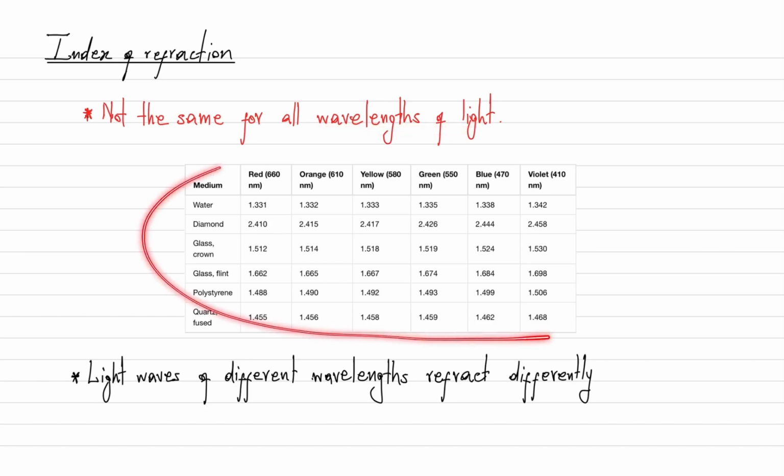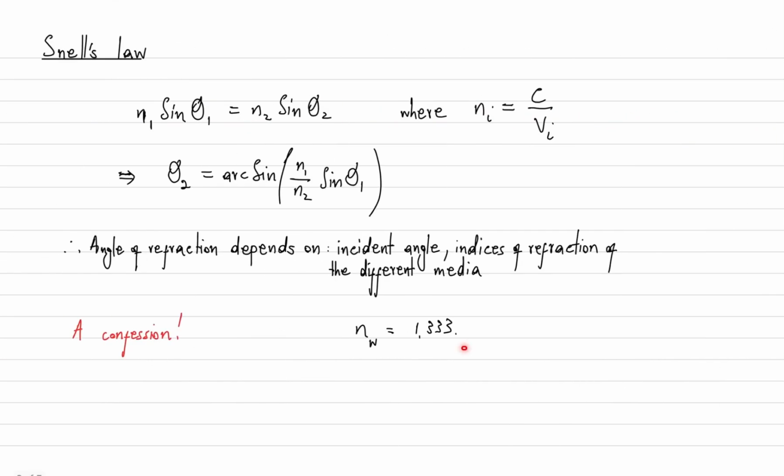And this table explains it. For instance, water. When light enters water, suppose we had white light, or rather, let me say red light. The index of refraction for red light is actually 1.331, contrary to what I had suggested over here, and what most references will suggest. This doesn't mean that value is invalid.